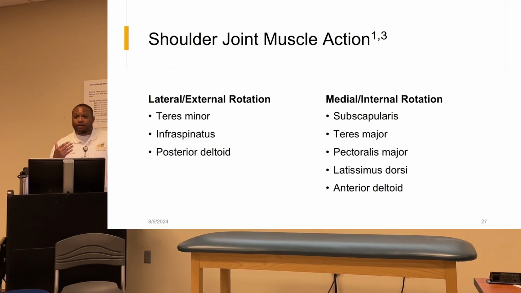So why is that important? Why do they need to provide that inferior pull to the humeral head? So just think about the anatomy. If the rotator cuff does not provide the inferior pull to the humeral head, what do you think will happen? Impingement. So the humeral head is actually going to move superiorly, and then now you're going to get the tendon of the rotator cuff muscle supraspinatus.